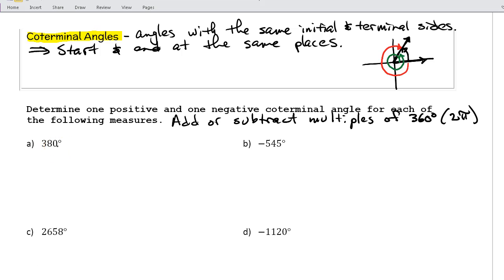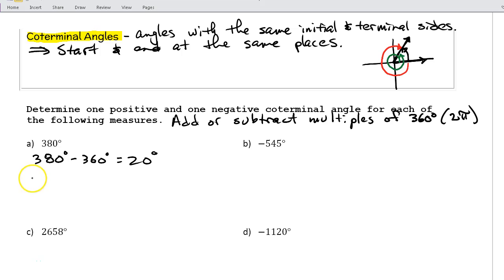So for this, if I subtract 380 minus 360, I'm going to get 20 degrees. So I subtracted 360 and I got a positive coterminal angle. So if I graphed 380 and I graphed 20, they would start and end in the same spot. But I need a negative coterminal angle.